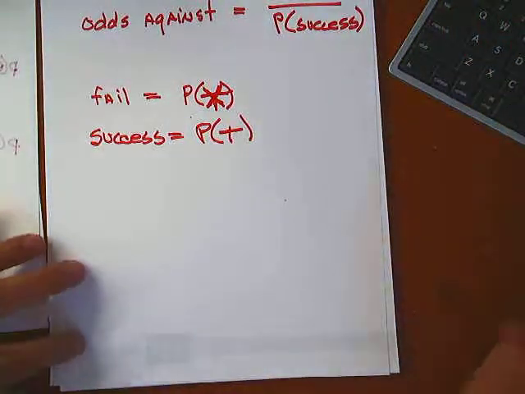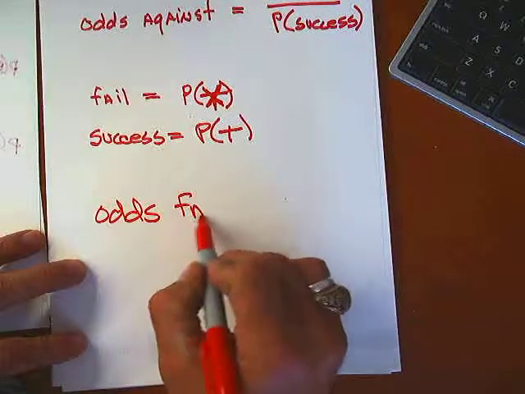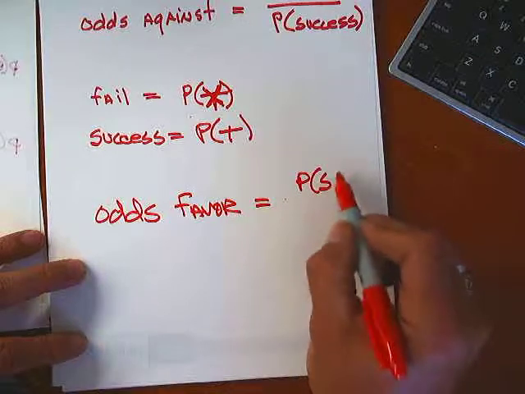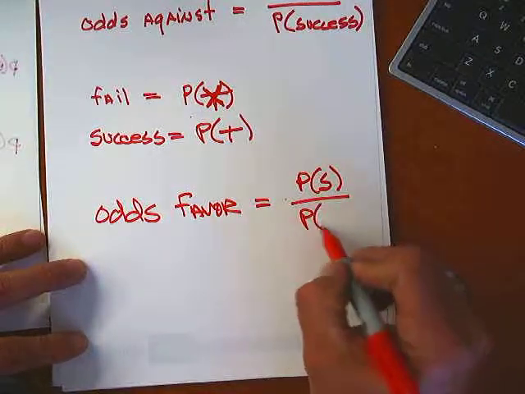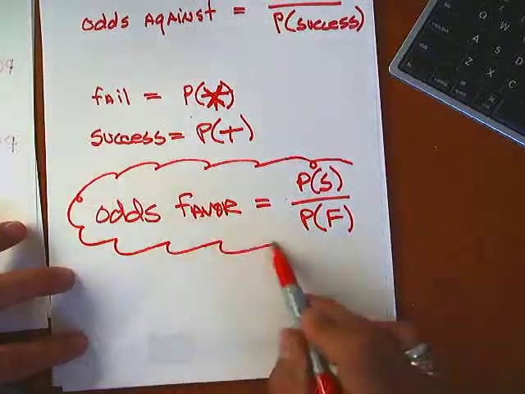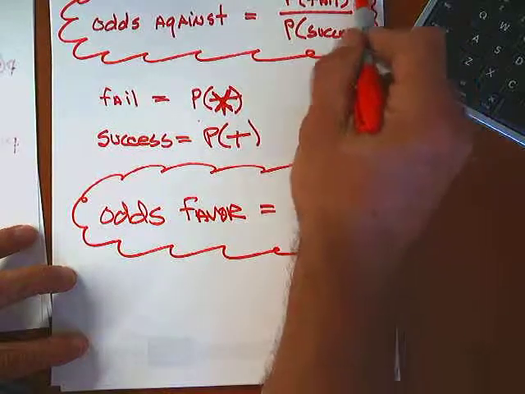Let's call this the probability of tails. The probability of tails flipping a coin, that would be success. The probability of not tails, that's an X through a T, that would be failure. It depends on what your question is asking.